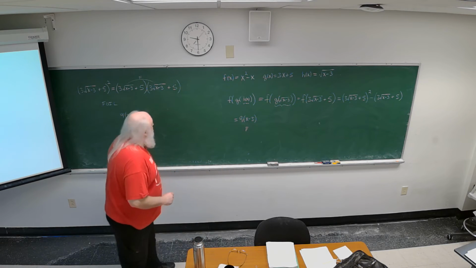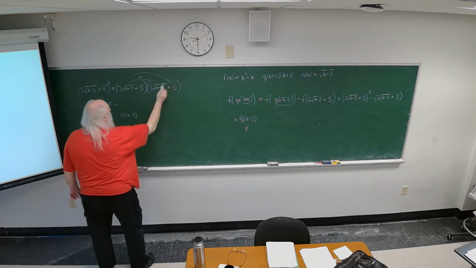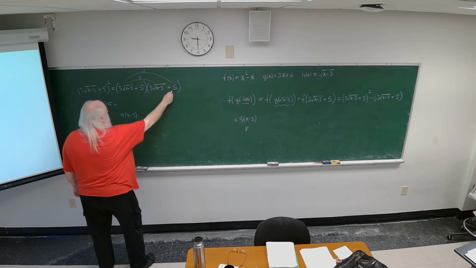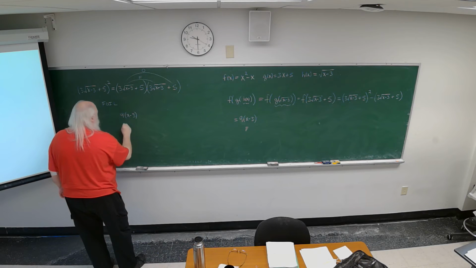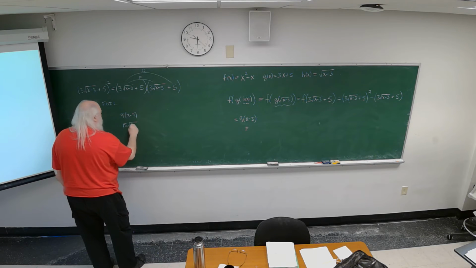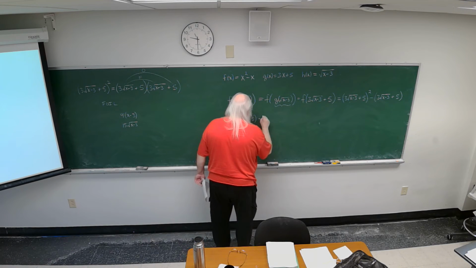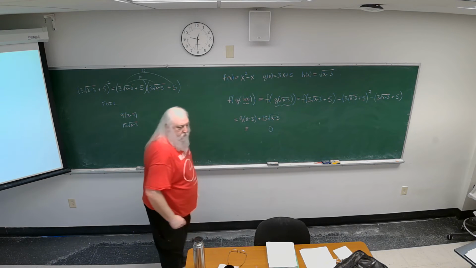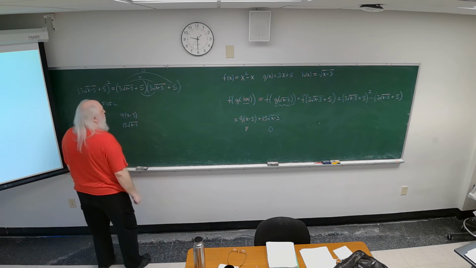Okay. Now when we do the outer, we have 5 times 3 times the square root of x minus 3. That's 15 times the square root of x minus 3. That's the O. The I is the inner.